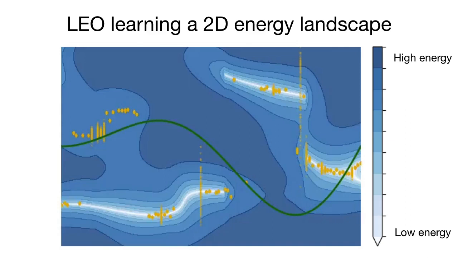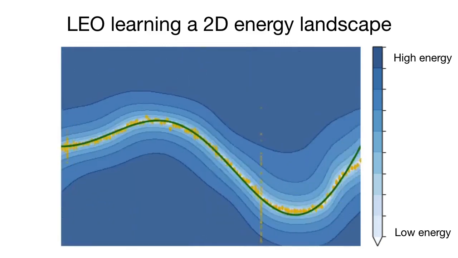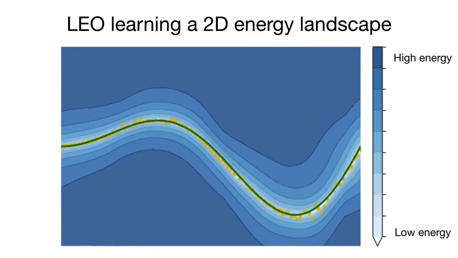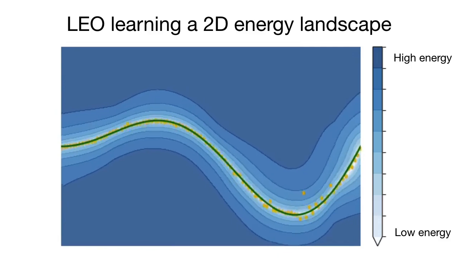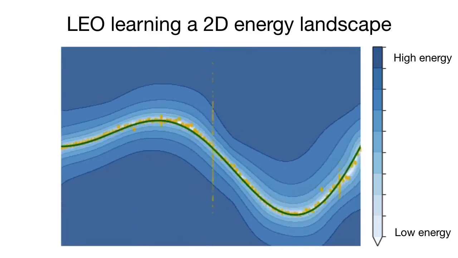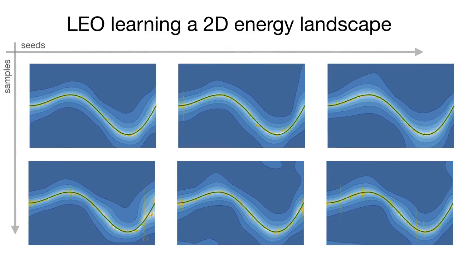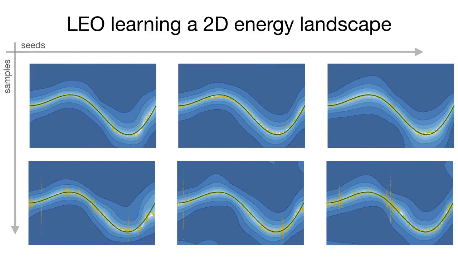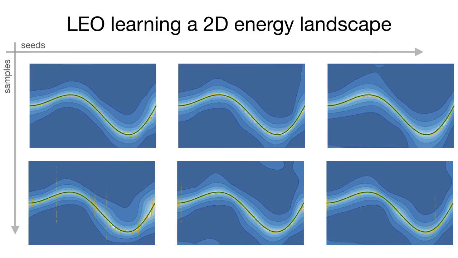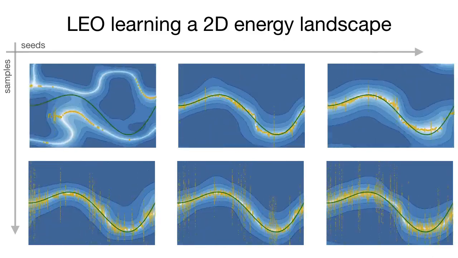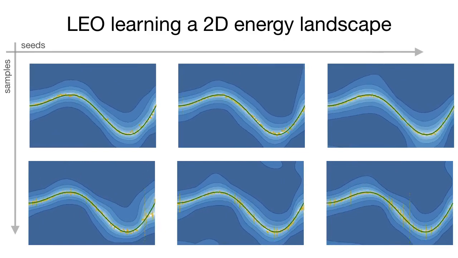Notice that the ground truth is quite far away from the minima. Over successive LEO iterations, the energy value converges to a basin around the ground truth function, shown in green. So we repeat this experiment with varying seeds and samples and observe that LEO consistently converges to an energy function with low energies at ground truth and high energies elsewhere.